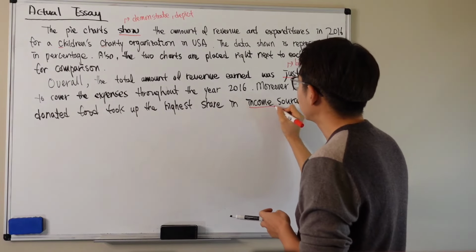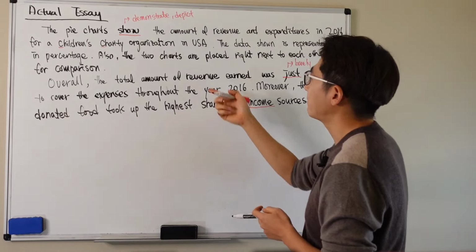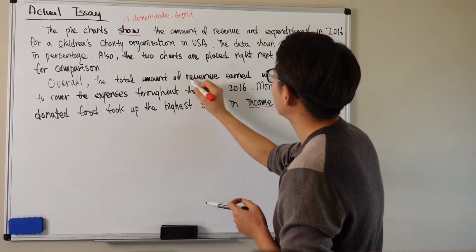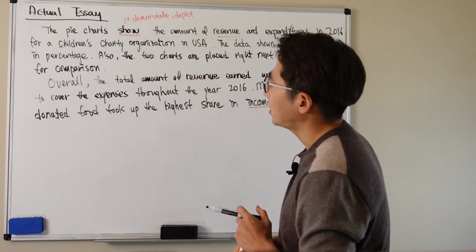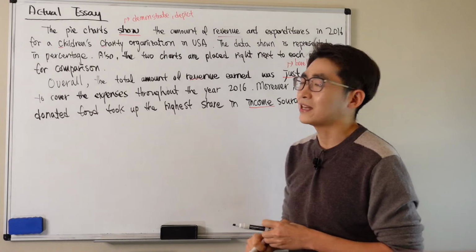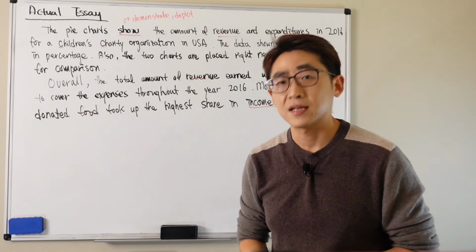And the reason why I wrote income is because we have multiple uses of revenue, and repetition is usually not very good when you're writing an academic essay.